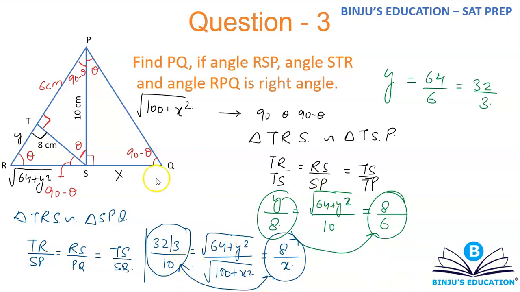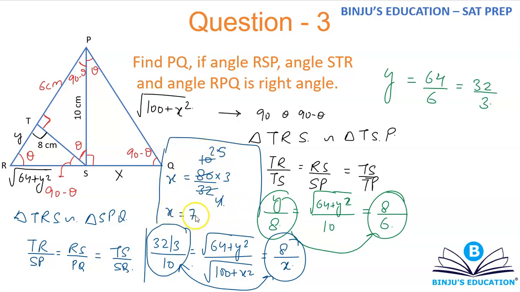Let me write it here for your convenience. So x is equal to 80 divided by 32 by 3. So 3 is going to go up, so it will become 80 into 3 by 32. I can do it with 8, this will become 10, this will become 4, this will become 2.5 into 3, which will give you x is equal to 7.5.